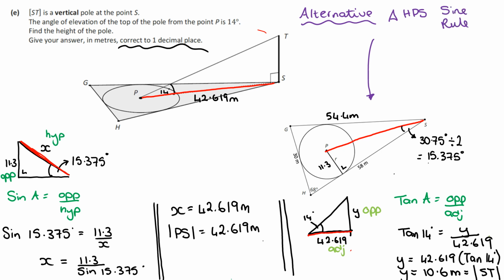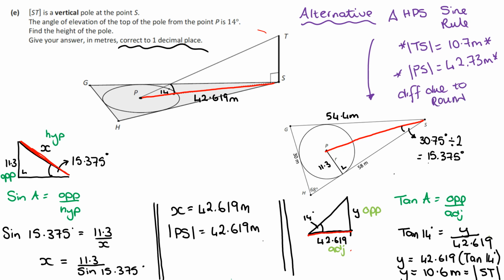If you do it that way, you get a slightly different answer. You actually get TS is equal to 10.7, and that difference is due to rounding. So if you do it that way, you'll get PS equal to 42.73, which again is slightly different, and the difference is due to rounding. And they're absolutely fine. They'll accept both answers due to rounding.